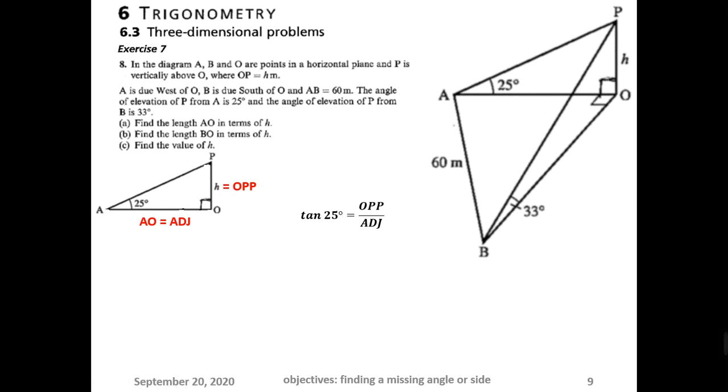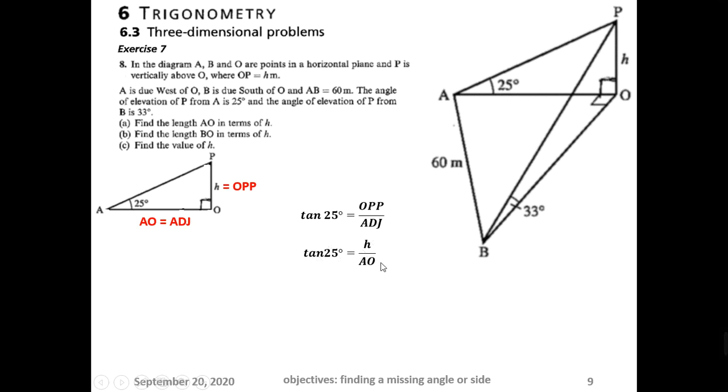Cosine of 25 is equal to adjacent over hypotenuse. Tan of 25 is equal to opposite over adjacent, and that's what we need. Let's substitute in this rule. The opposite is H and the adjacent is AO. So when we substitute, tan of 25 is equal to H over AO.